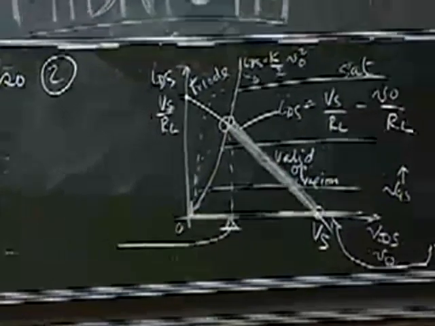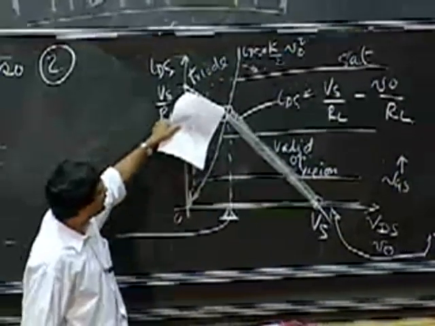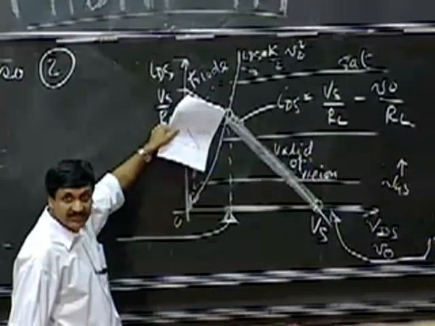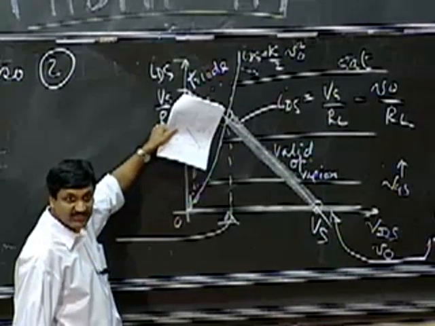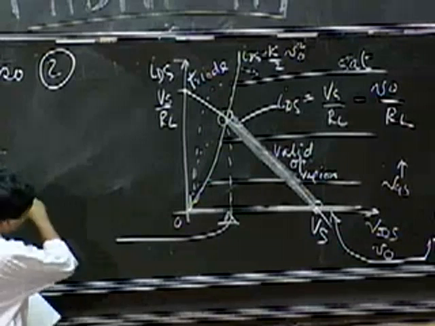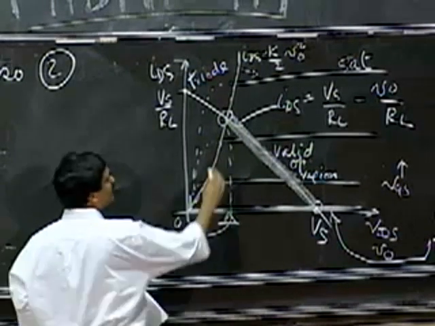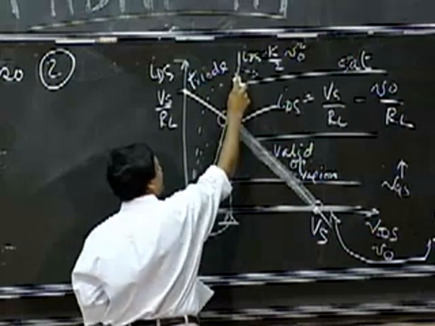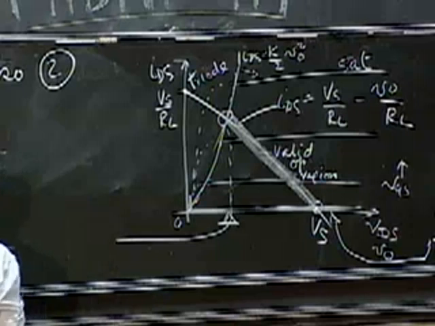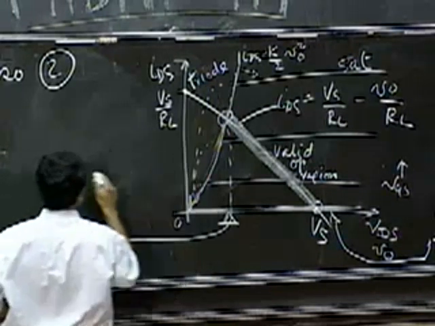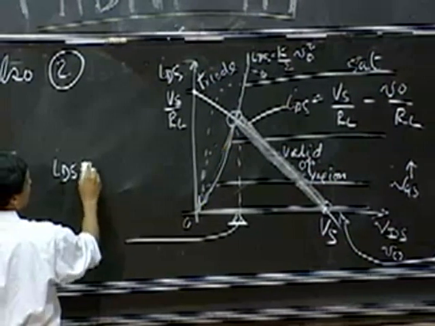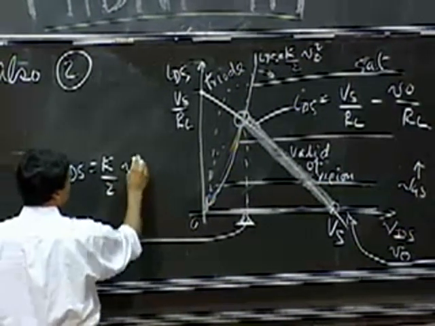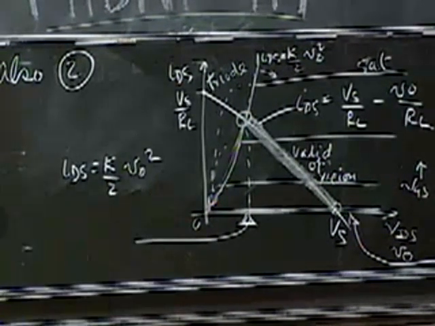So at that point, I get my output just entering the range of the MOSFET triode region operation. And notice that this point is the intersection of two curves, this line and this curve. Okay? So this curve here is given by IDS equals k divided by 2 V naught squared.